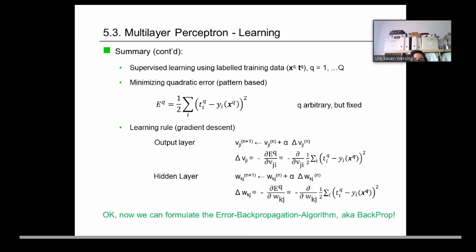We have now derived a supervised learning algorithm for this architecture, and we assume the training data. So we have Q pairs of input-output data, xq, tq. We use the approach to minimize the quadratic error, and we did this in a pattern-based fashion.